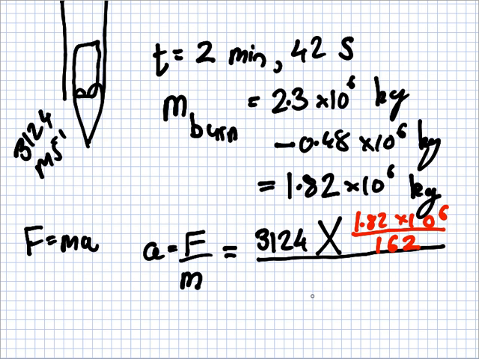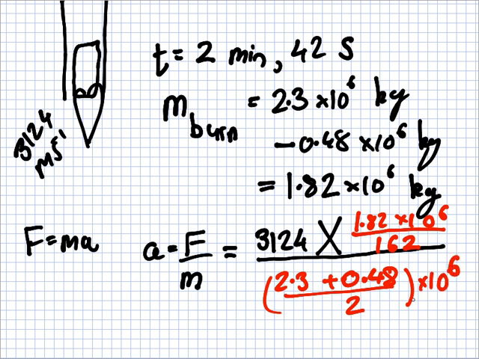So that would be 2.3 plus 0.48 over 2 times 10 to the 6. And we can calculate this. When you're ready, if you can calculate this, that would be great.